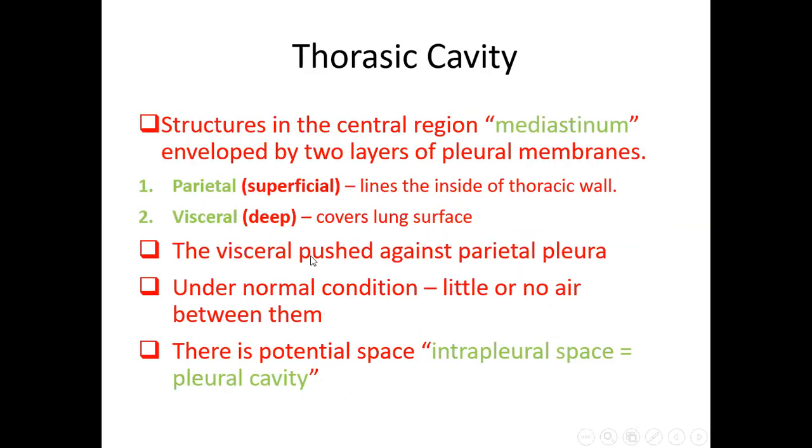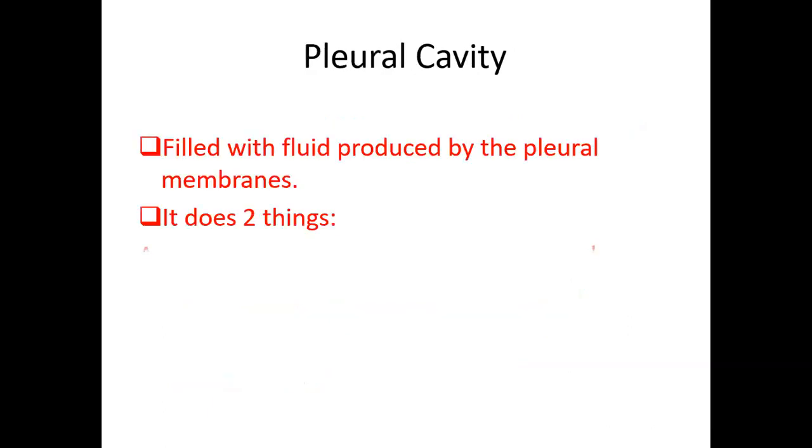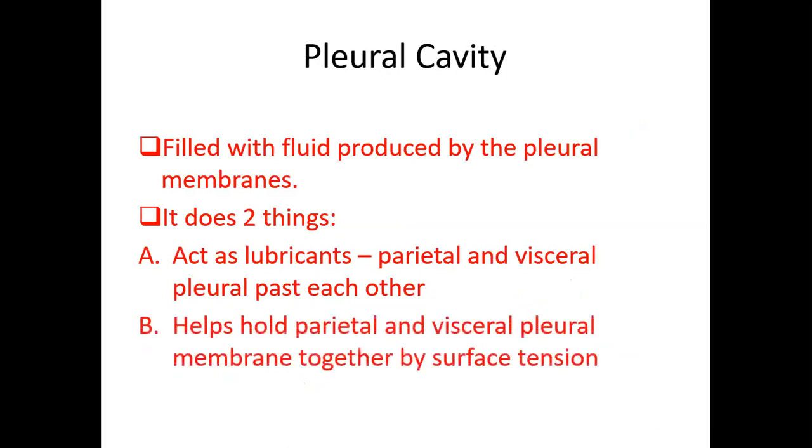The visceral layer is pushed against the parietal pleura, and in the normal condition there is little or no air between them. There is a potential space in between, called the intrapleural space or the pleural cavity. The pleural cavity is filled with fluid produced by the pleural membranes.